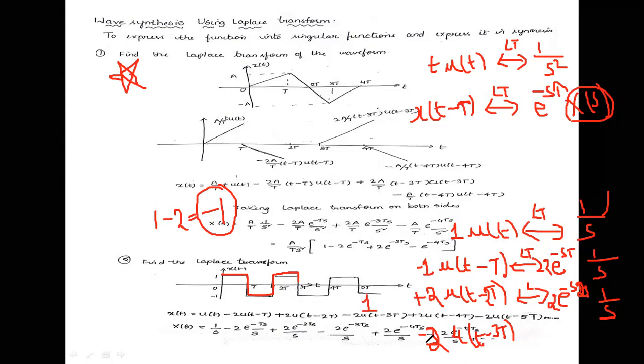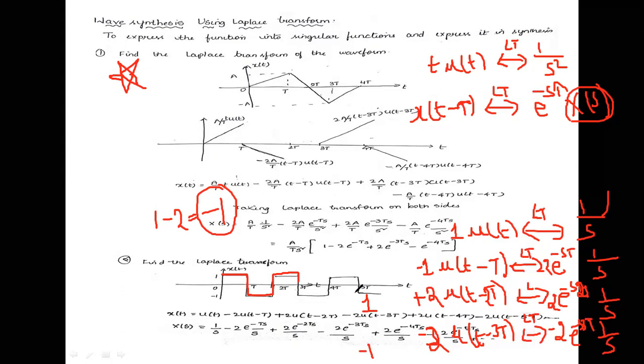Now 1, to get the minus 1, add the minus 2. So what is the Laplace transformation? Laplace transformation is minus 2 into e power minus 3ts into 1 by s. So after adding the minus 2 for the 1, we now have minus 1.